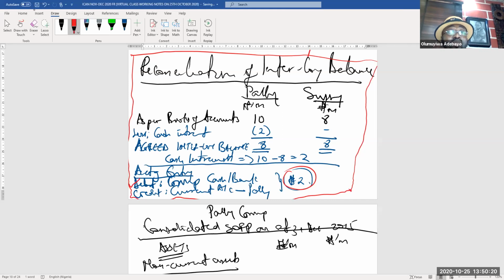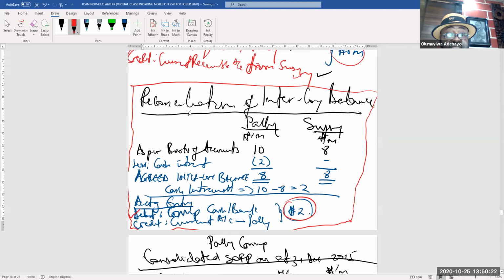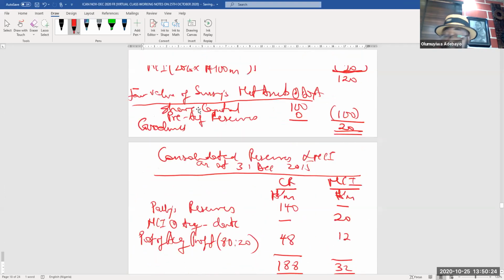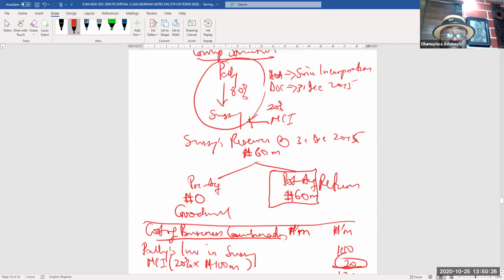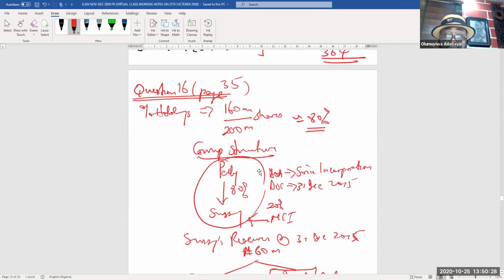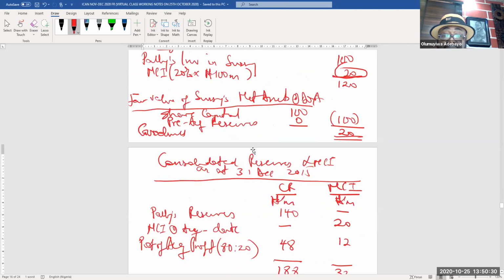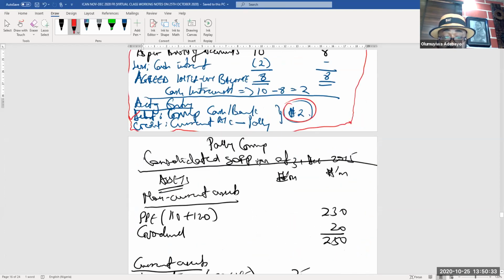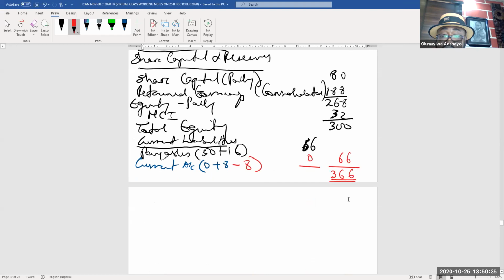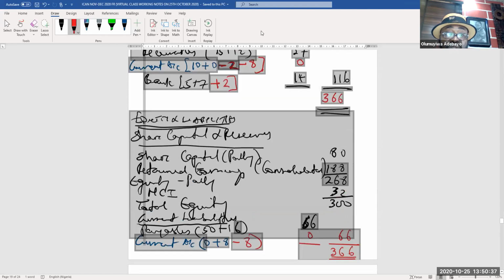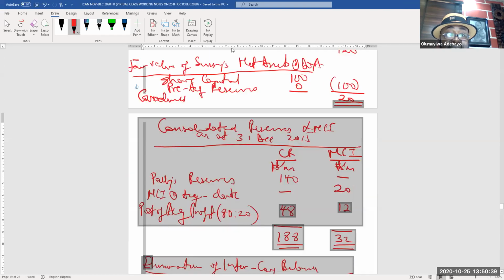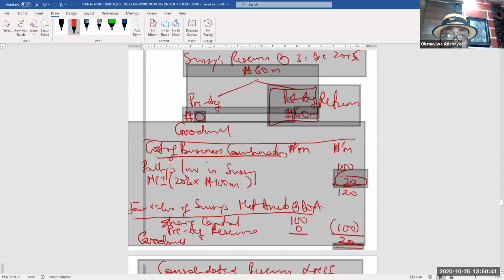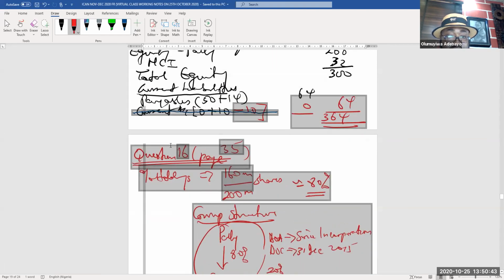Now, if you look at the question, the one we just finished is question 16. If you now look at question 17, let me just copy it. Question 17 is the same answer as question 16. The only difference is that instead of adjusting for cash, what you're adjusting for is inventory. It's inventory.